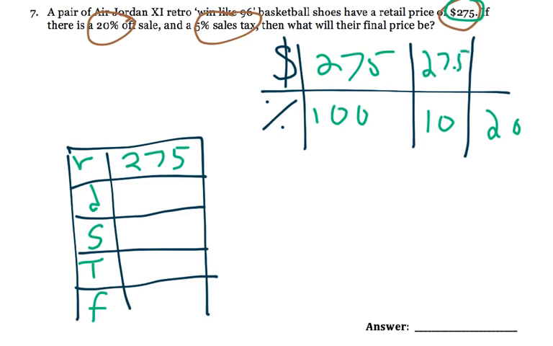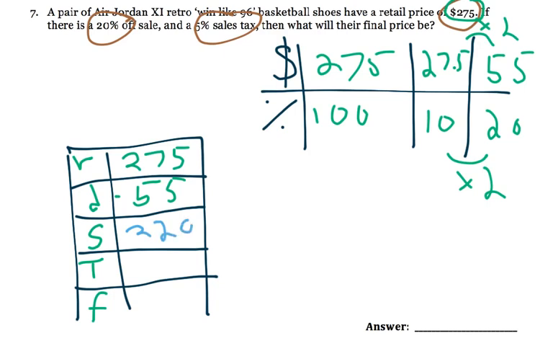But then we can just multiply that by 2, just like we did down here, to get an answer of $55. The discount is going to be $55. And 275 minus 55 is going to be $220.